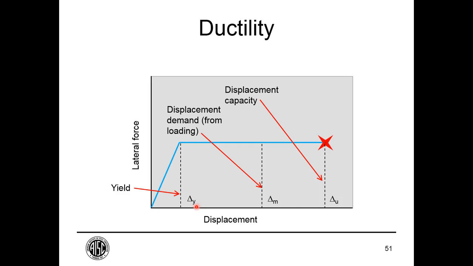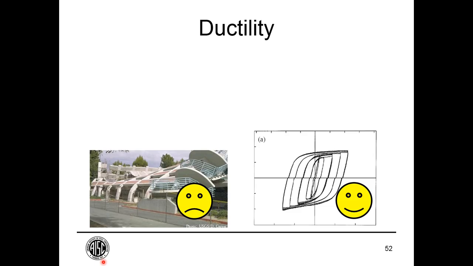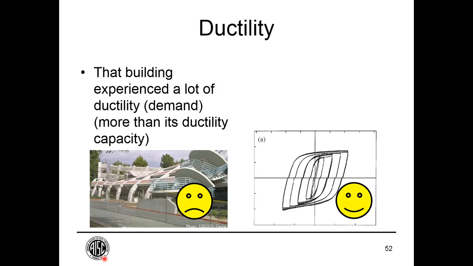Depending on context, we saw this photograph before, and we can say that that building experienced a lot of ductility demand, and probably a ductility demand beyond its ductility capacity, right? It doesn't look like it's maintained its integrity. So that is looking at ductility as a demand. And here on the right, we're looking perhaps at a test run in a laboratory.